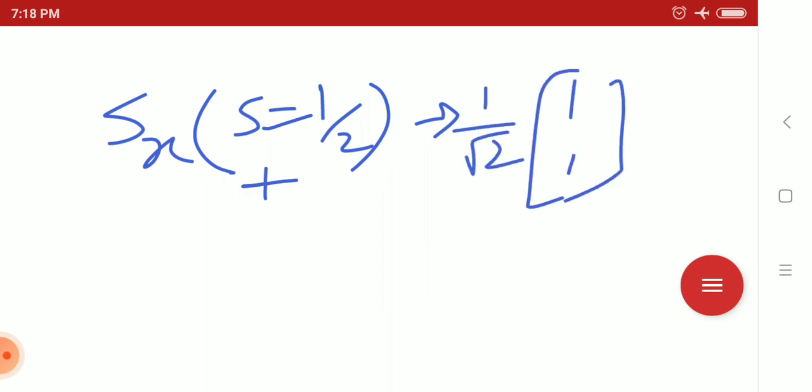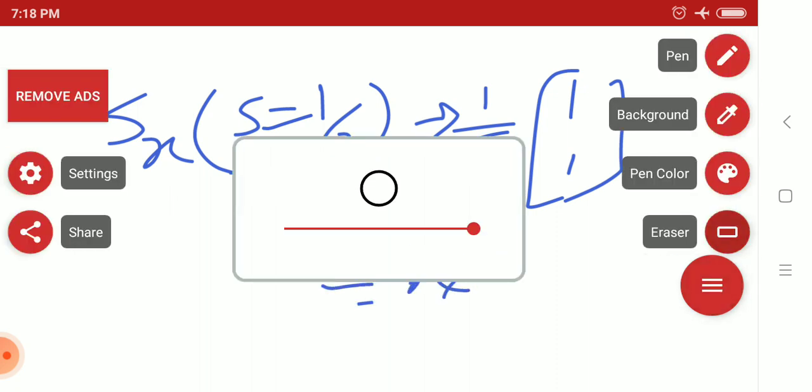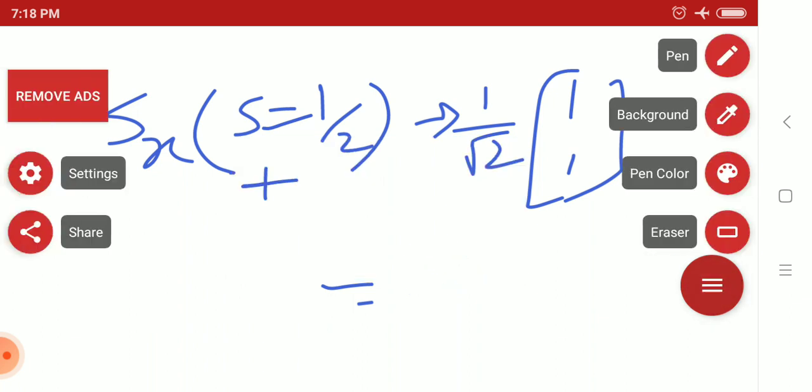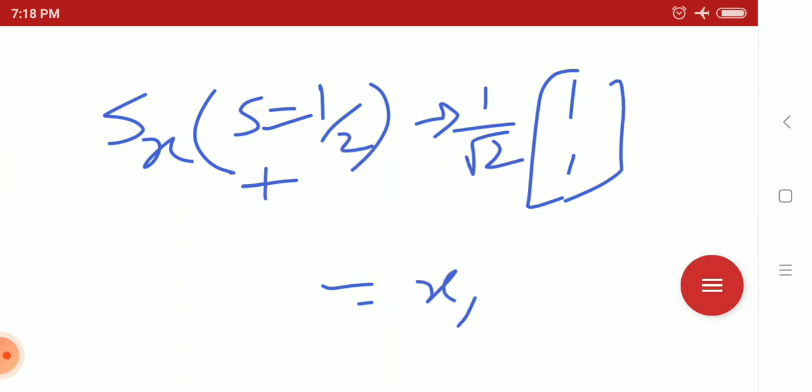So after operating that rotation operator on that ket vector [1, 0], that is z plus, we have got x plus, the positive eigenvector of S_x. So that is the thing.